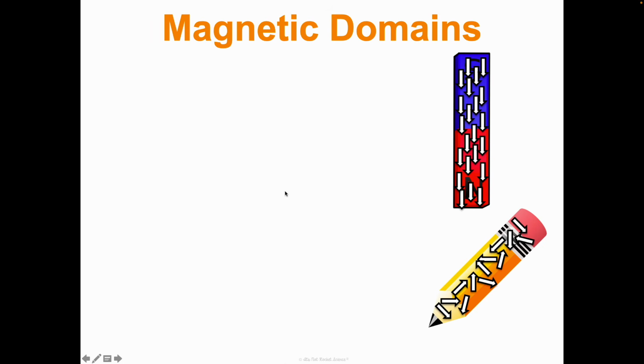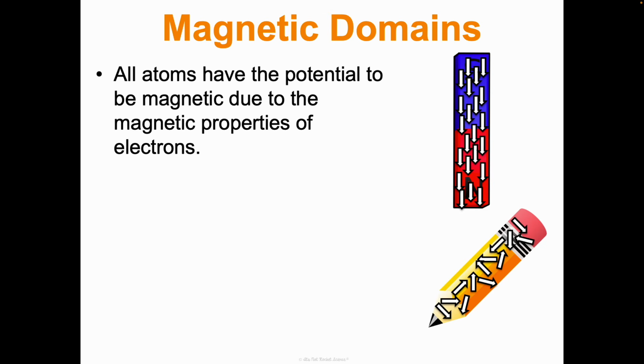All right. I told you before that the strength of a magnet and an object's magnetic properties is based on the material that makes it up. And this has to do with the magnetic domains because all atoms have the potential to technically be magnetic due to the magnetic properties of electrons.